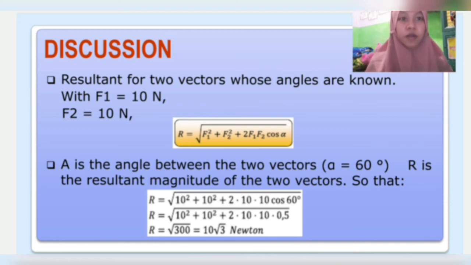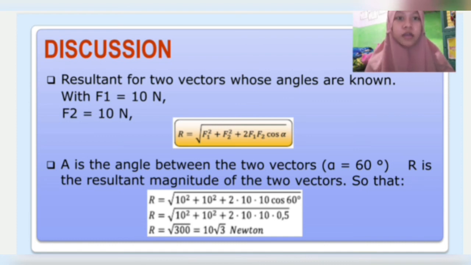So, the formula: R equals square root of F1 squared plus F2 squared plus 2 times F1 times F2 cos theta, where theta is the angle between the two vectors. Theta equals 60 degrees.